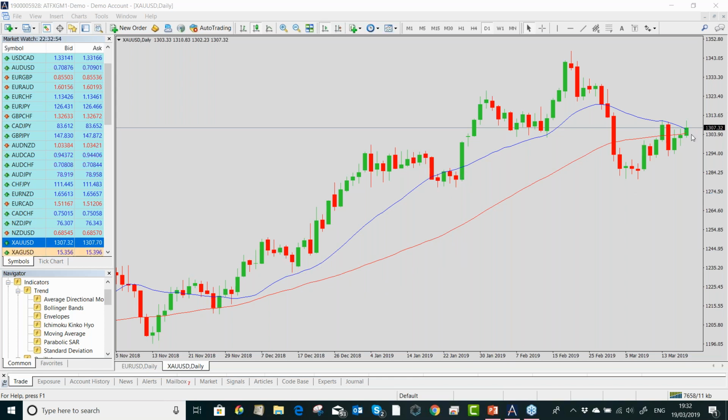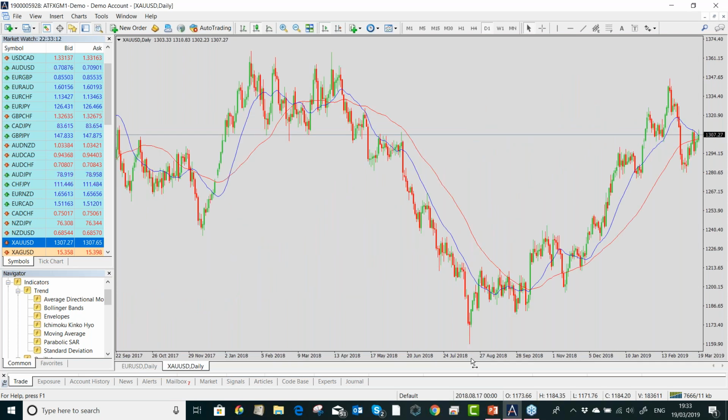Now, I want to bring a few more things into the equation here. Another thing that we can look at is horizontal levels, because we can trade breakouts from ranges where we get horizontal levels.